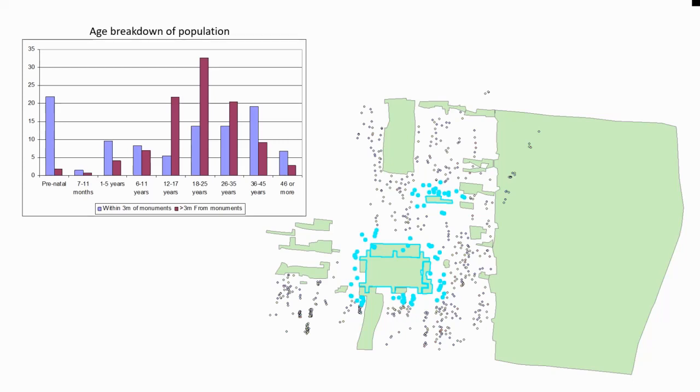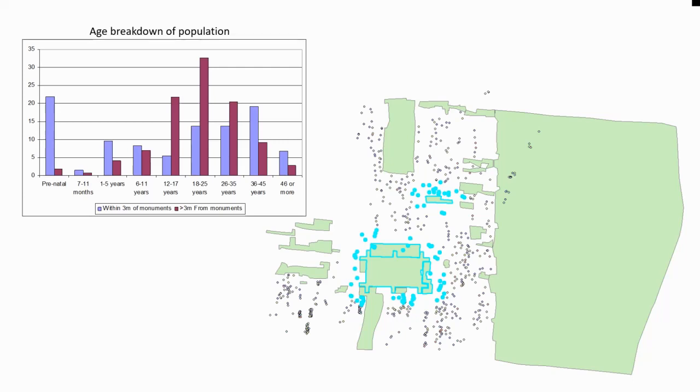So within the GIS, this allows us to do what are known as buffer queries, which is effectively like drawing a buffer of a certain distance, I think it was 5 meters in this case, around the outermost outline of the feature, and then saying show me anything that falls within that area.